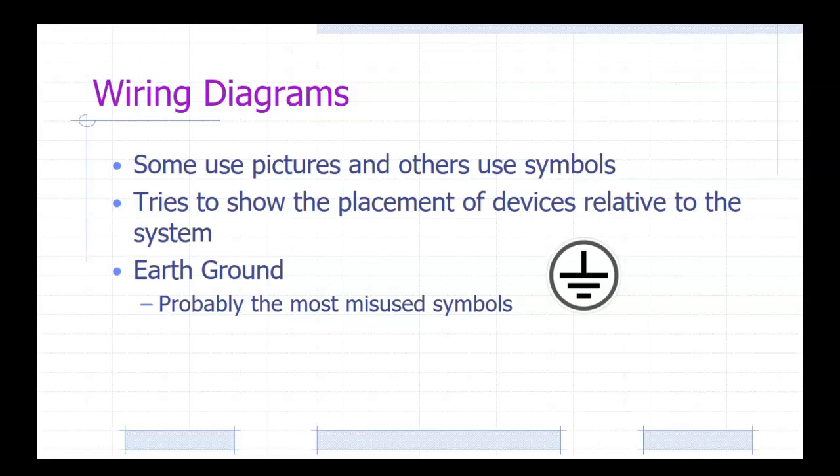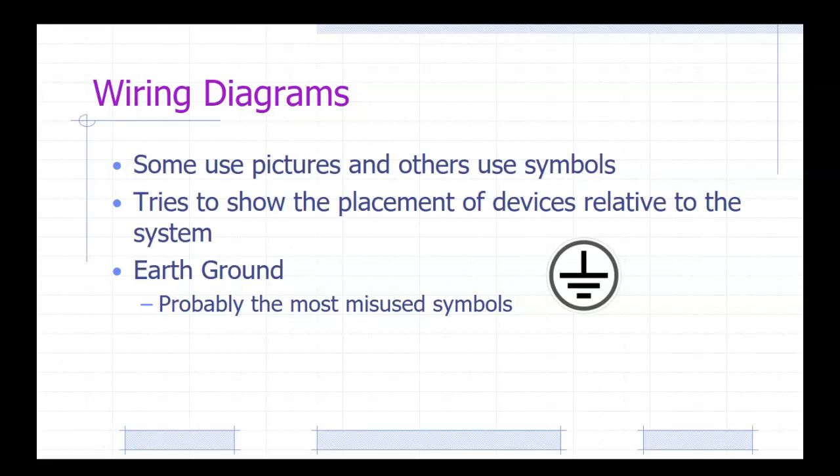Okay? I'm not going to go into the whole spiel again. Just leave it at that. If you're using the symbol for earth ground, you need to have something that has a physical connection to earth ground. It needs to have a physical connection to the ground. Okay?